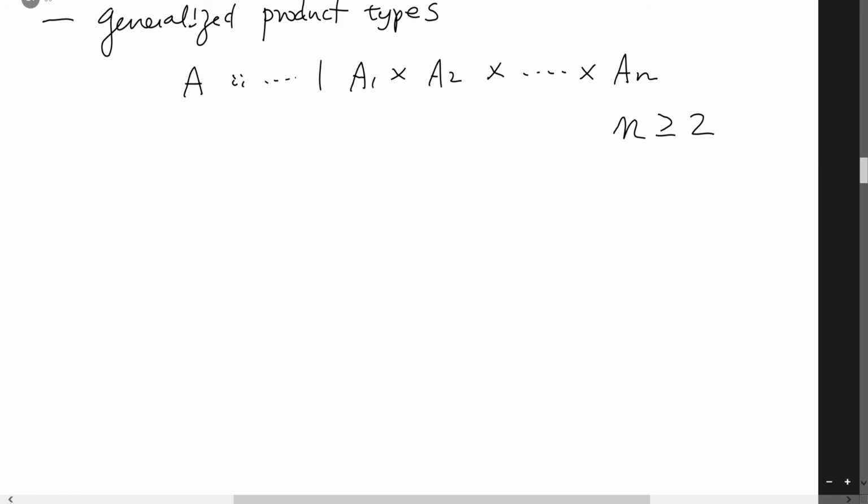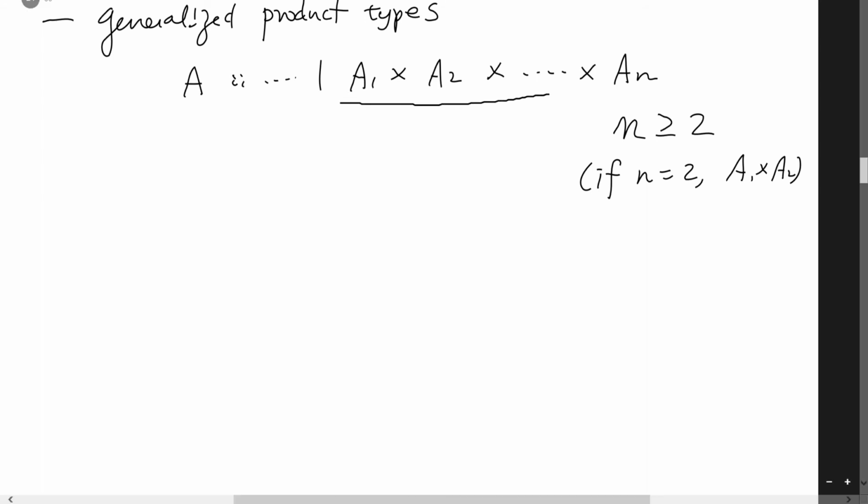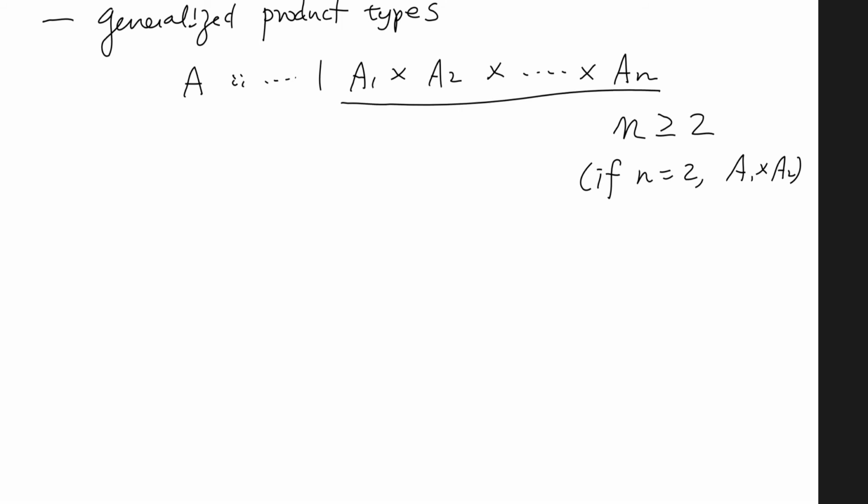So if, as a special case, n is 2, then we obtain the previous product type, A1 times A2. So it's pretty easy to generalize these product types by allowing multiple components, multiple types inside this product type.